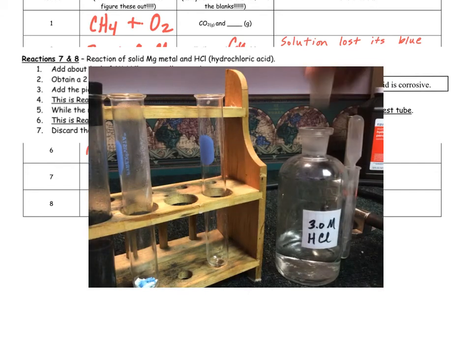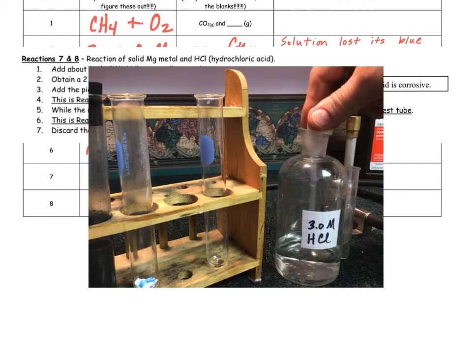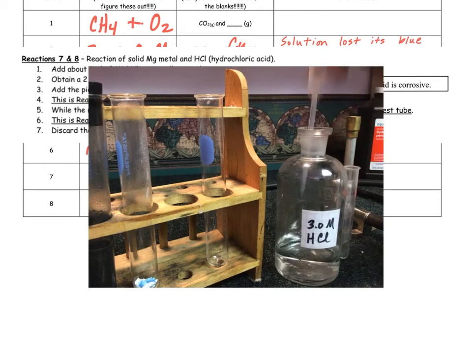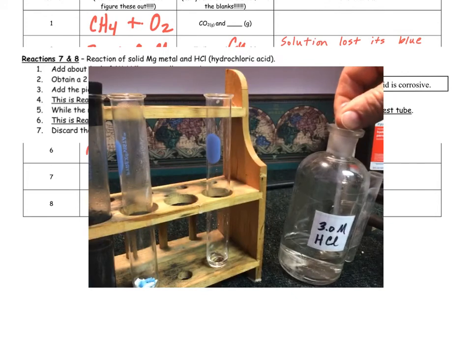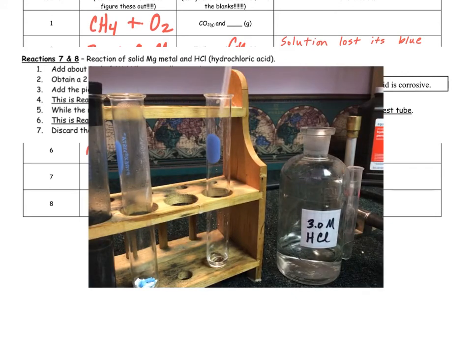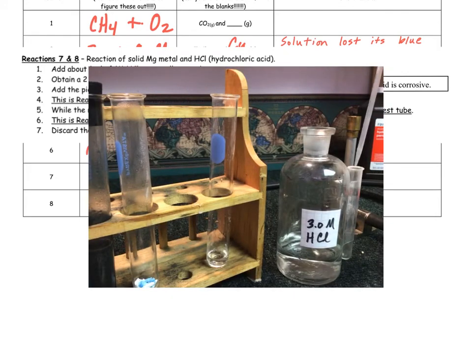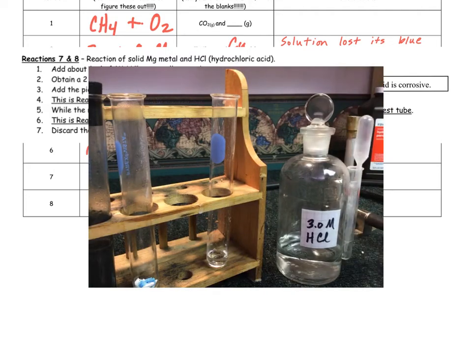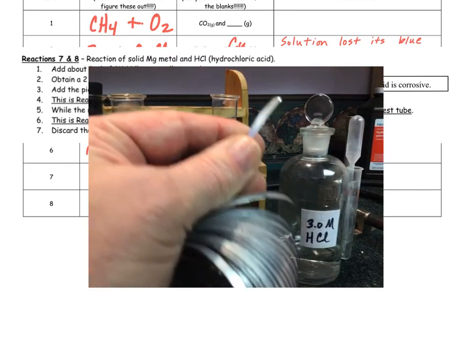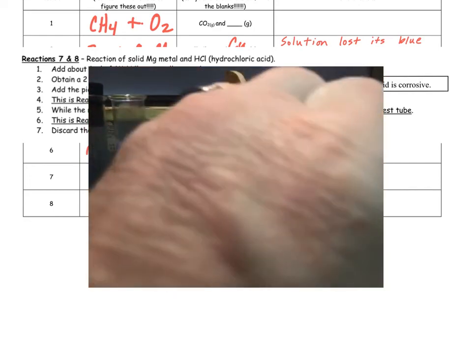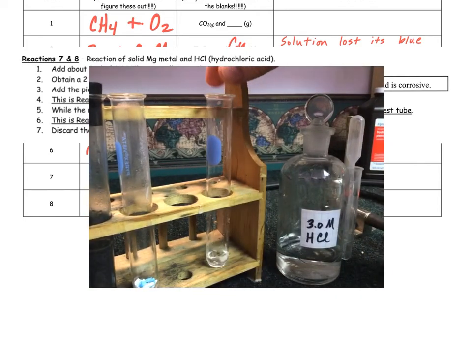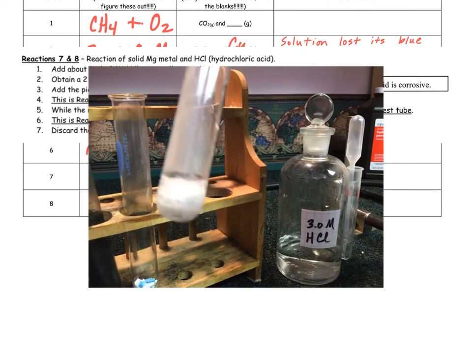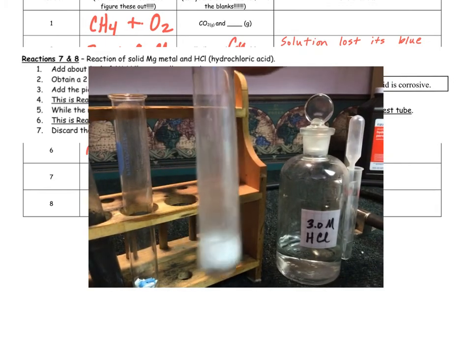First, a little bit of hydrochloric acid to the test tube. And then a small chunk of magnesium metal once again. We're going to bend it up so that it can fit inside there, and then we're going to drop it in, and right away we see lots of bubbles and fizz happening.